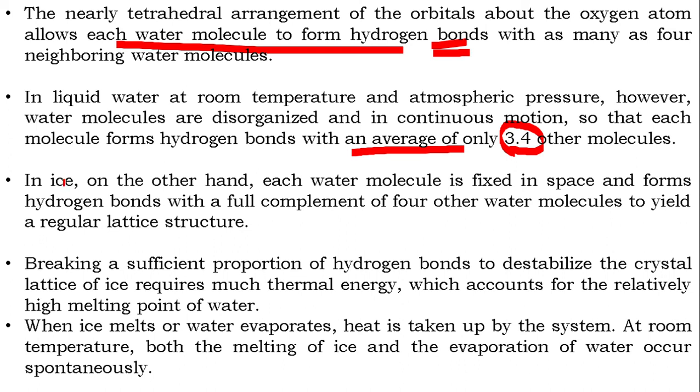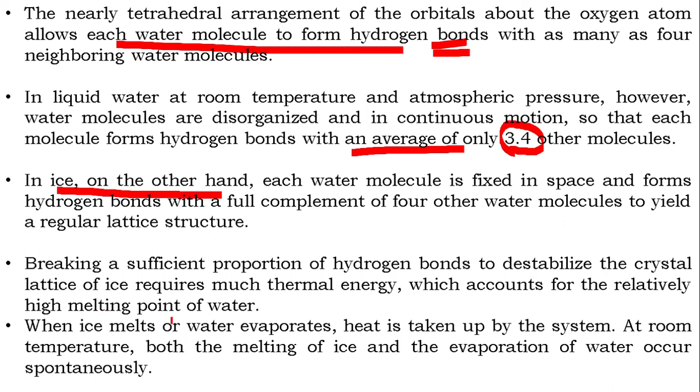You see, in ice, the water molecule is actually fixed. Breaking a sufficient proportion of the hydrogen bonds to destabilize the crystal lattice of the ice requires much more thermal energy. That's why water has a very high melting point.